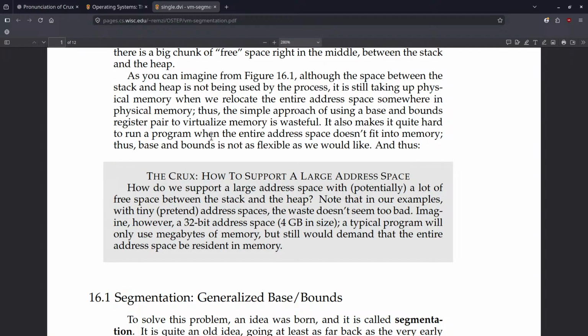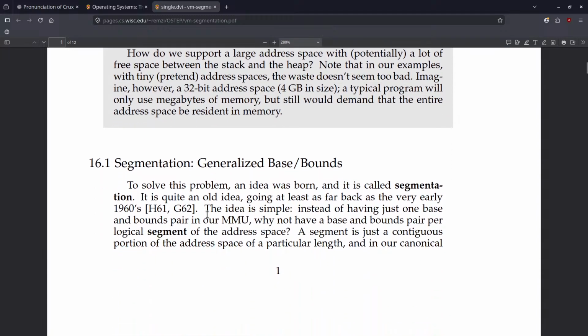A typical program will only use megabytes of memory, but it would still demand that the entire address space be resident in memory.